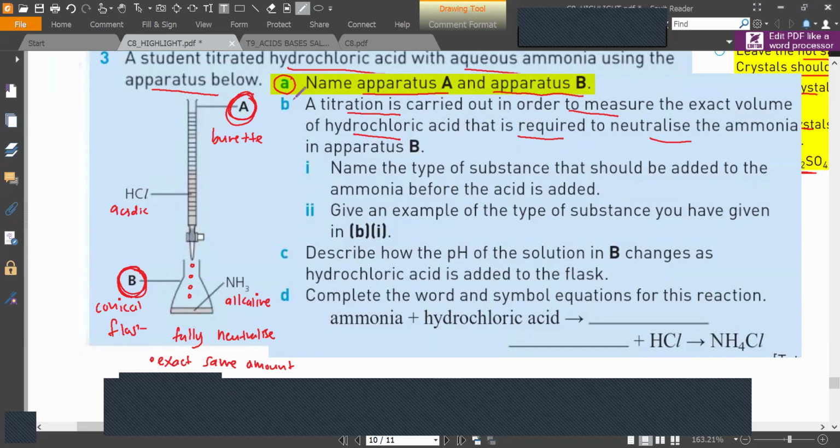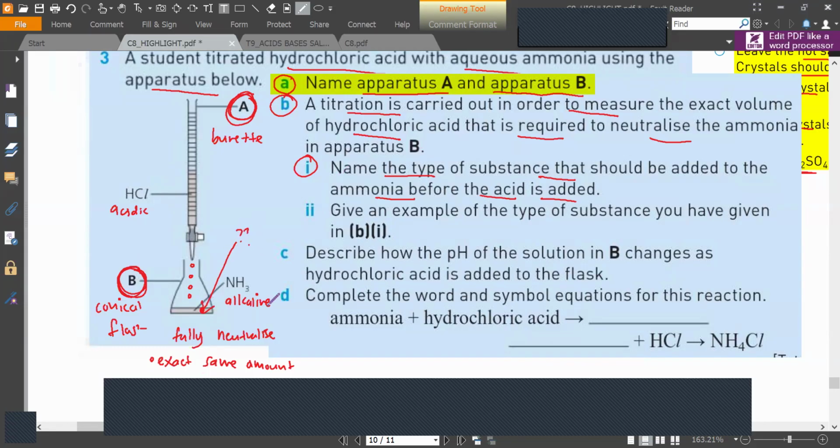Now question B1. Name the type of substance that should be added to the ammonia before the acid is added. Before we start the titration, we need to add something here. What is it we need to add?